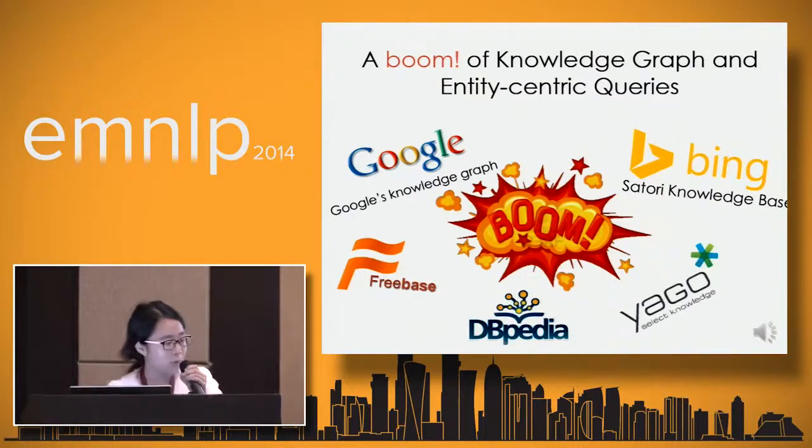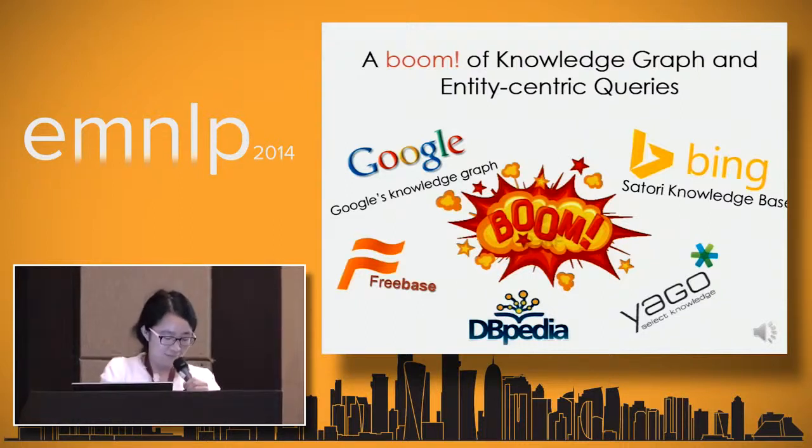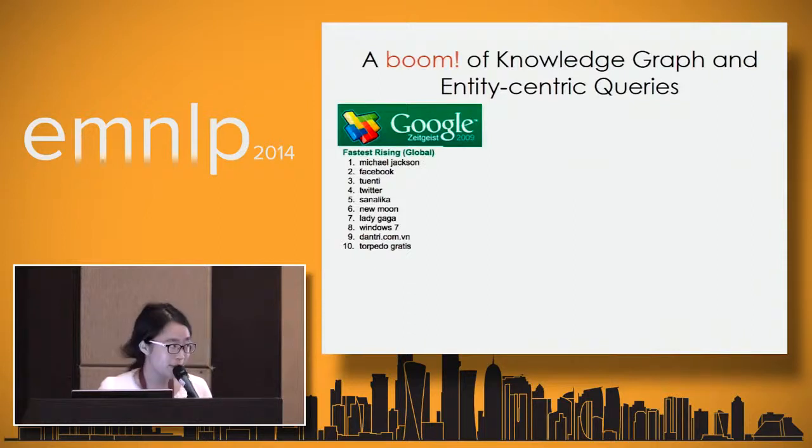Knowledge graphs are growing fast now, and there's a new trend that they are playing a more and more important role in information retrieval. The search engines develop their own knowledge base, and entity-centric queries are taking center stage. Let's take the most popular queries in Google Zeitgeist as an example.